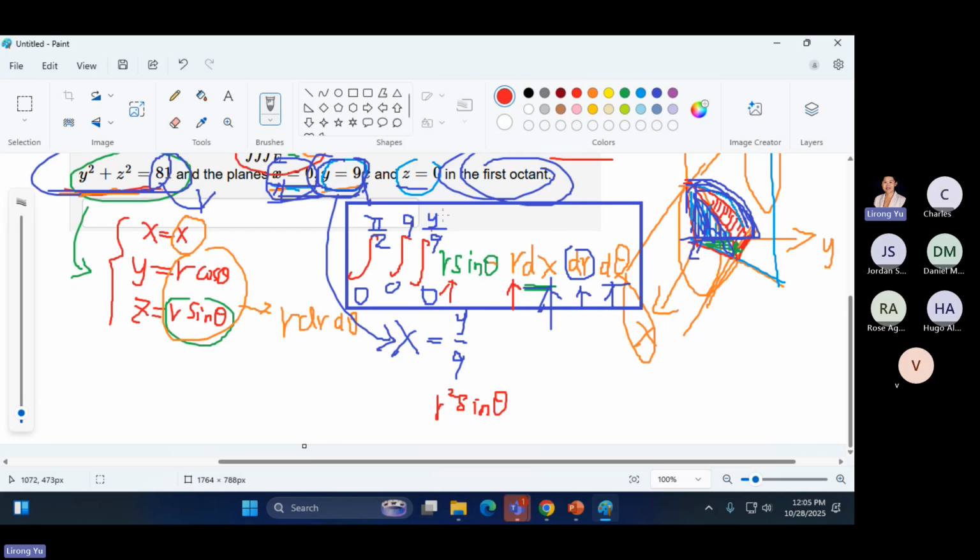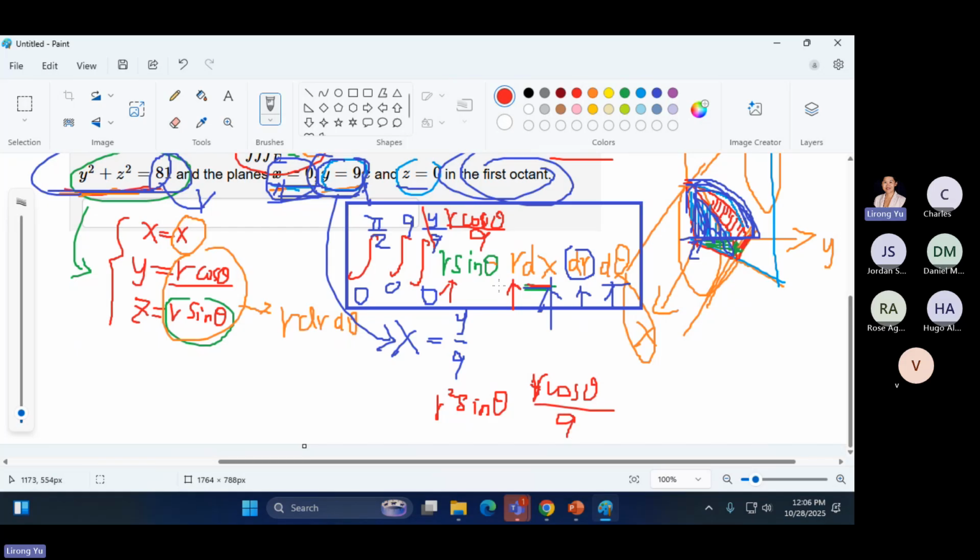So we have 0 to y over 9 dx. When you finish integrating it, it's going to be y over 9. We don't have y, we have r cosine theta, so it should be r cosine theta over 9. That's after you finish the x.